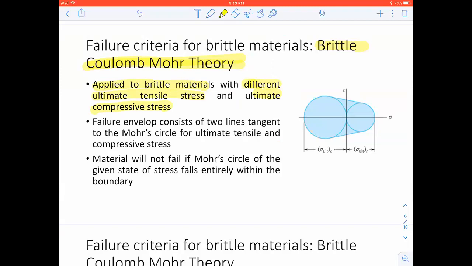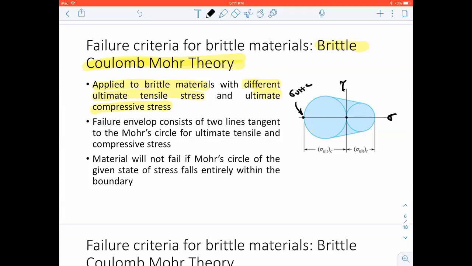In this case, you're going to draw what is called a Mohr circle. The x-axis has normal stress, the y-axis has shear stress. So you're going to draw a Mohr circle considering the ultimate compressive stress and 0. This is going to be your ultimate compressive stress, sigma ULTC.